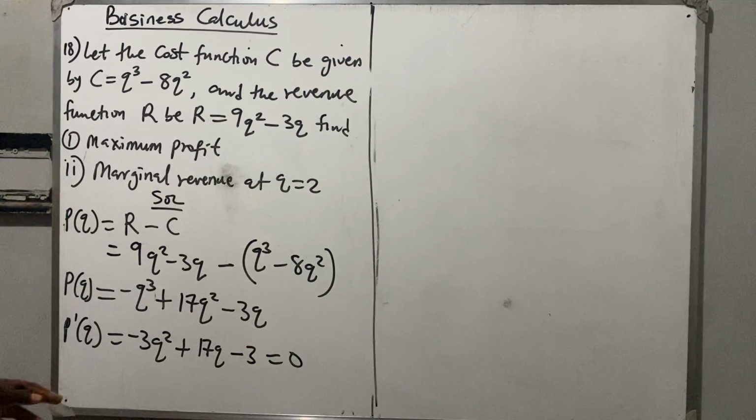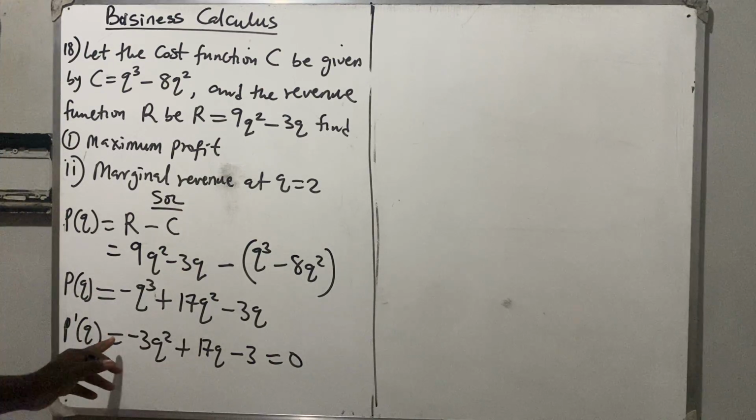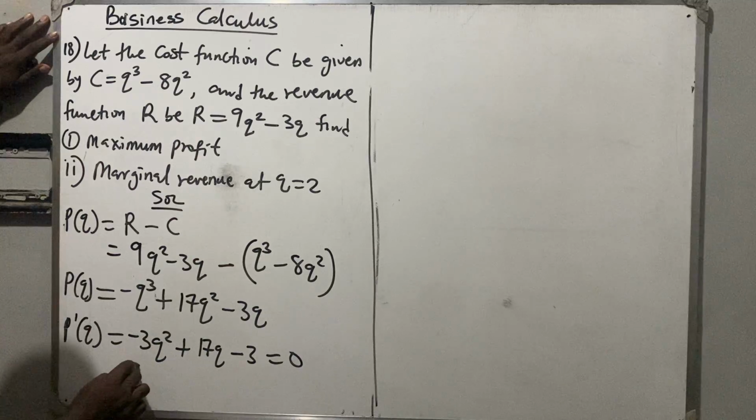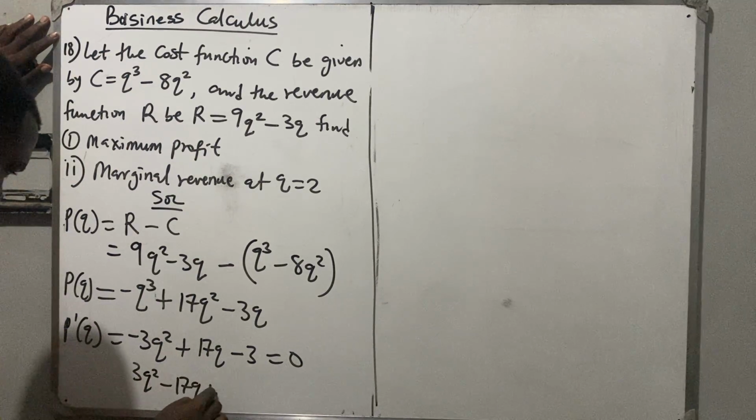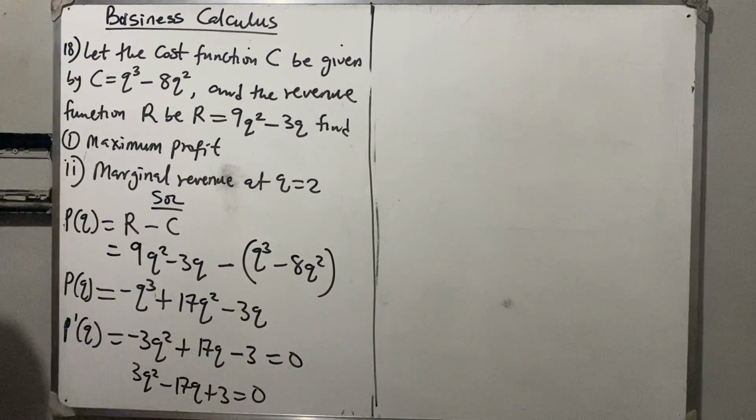Moving everything to the other side, or multiplying through by minus, we have 3q squared minus 17q plus 3 is equal to 0. The next thing we are going to do is to solve this by the quadratic formula.